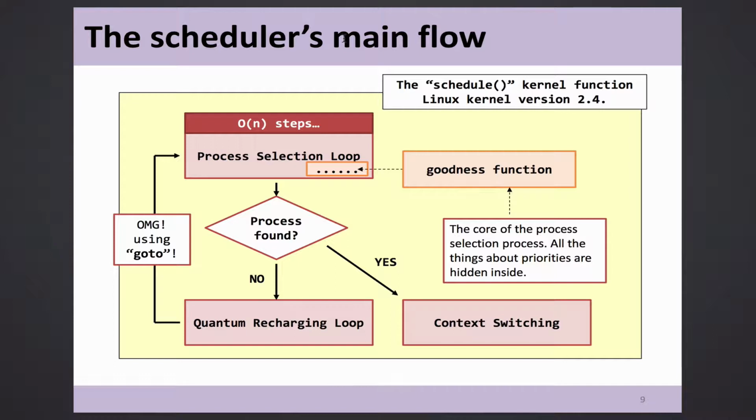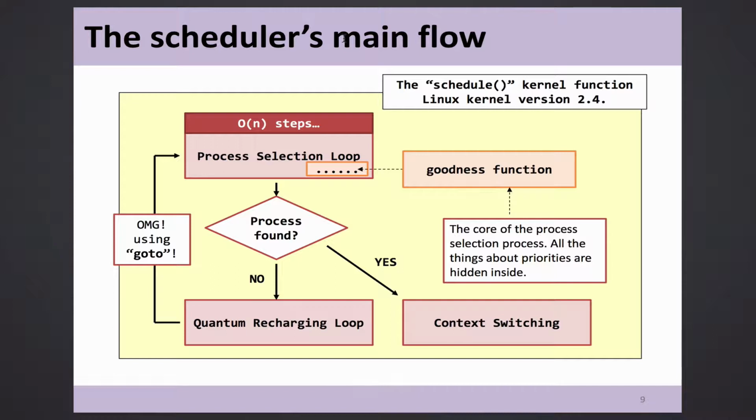Goodness, just like the famous magic word in Hong Kong. This is how good that process is, and we find the best process to run within this big O(n) loop. After this loop, we may have a chance that we cannot find anyone.